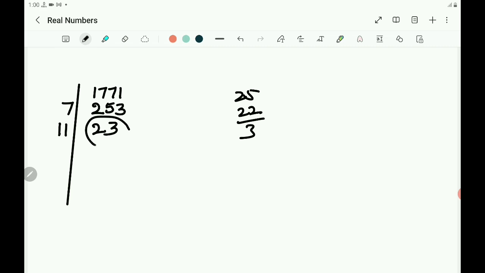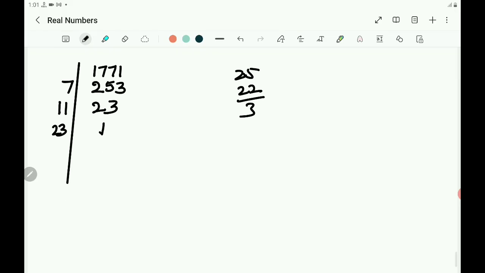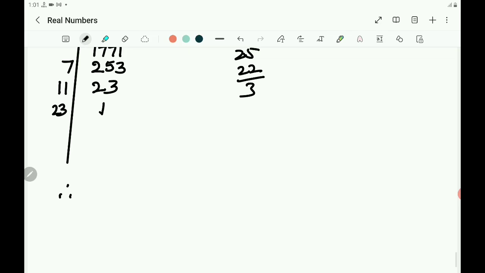You got 23, and 23 itself is a prime number. It is not in any other table. Then you can write 23 ones are 23. Therefore you can write 1771 is equals to 7 into 11 into 23.